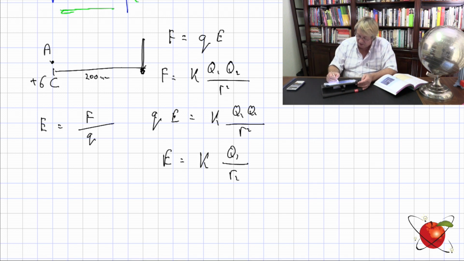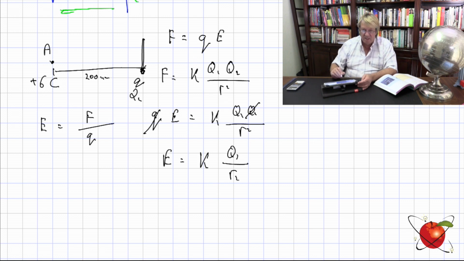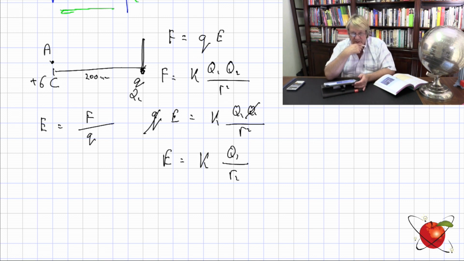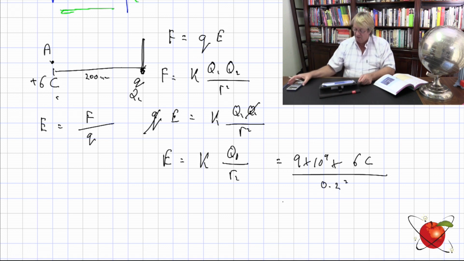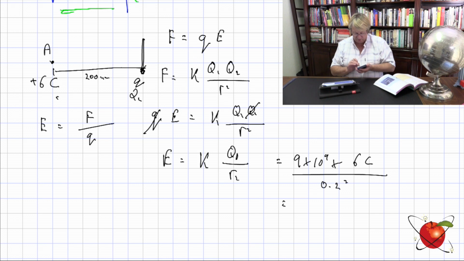Because this Q and Q2 are the same, it's my test charge that I'm putting in there. It essentially cancels out. So my electric field strength at that point is given by this. It is going to be 9 times 10 to the 9 multiplied by Q, which is 6 coulombs, over 0.2 squared, which is quite a big force.